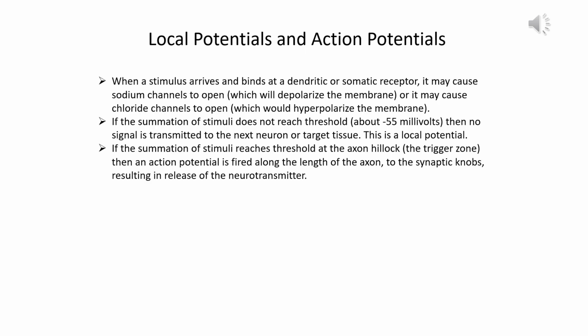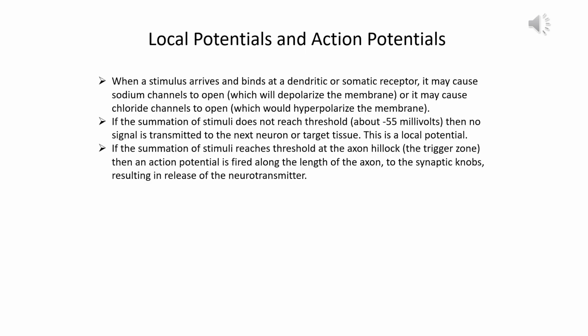So if we are sitting at minus 70, maintaining that as our resting membrane potential, what we have found out is that in order for the stimulus to be propagated, to go down the length of the axon and to be transferred to the next neuron or target tissue, we need to bring about minus 55 to the trigger. So we were at minus 70. The stimulus needs to be of sufficient intensity to bring a minus 55 to the trigger zone.